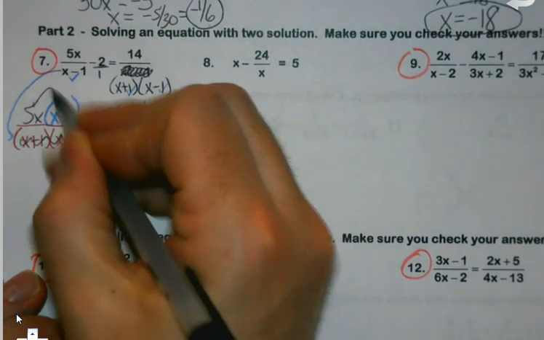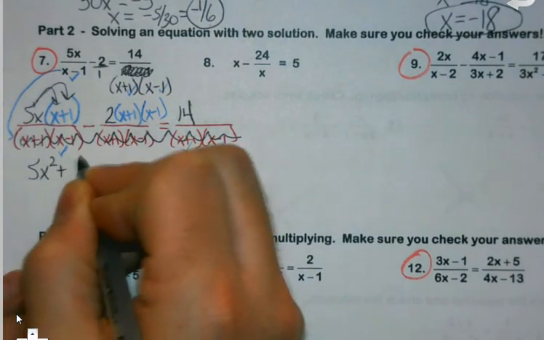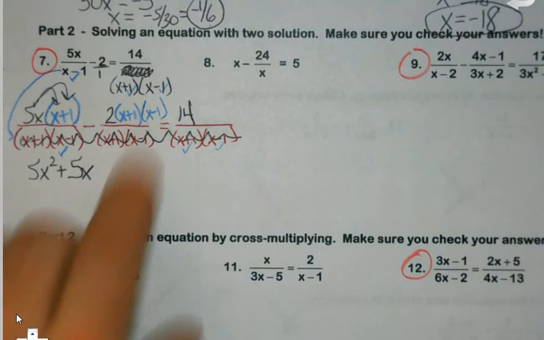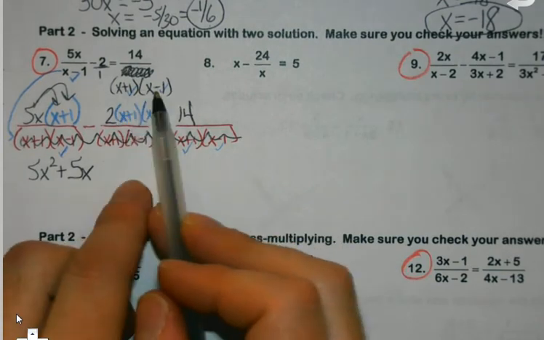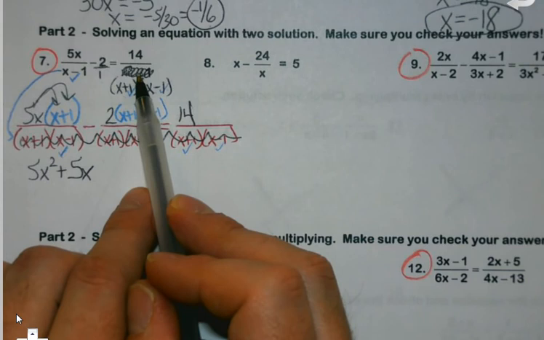Okay, so we're going to distribute first. Now when I get to my middle part here, this is where we have to have some decent short-term memory. This was the factored out form of what? What was behind my scribble?